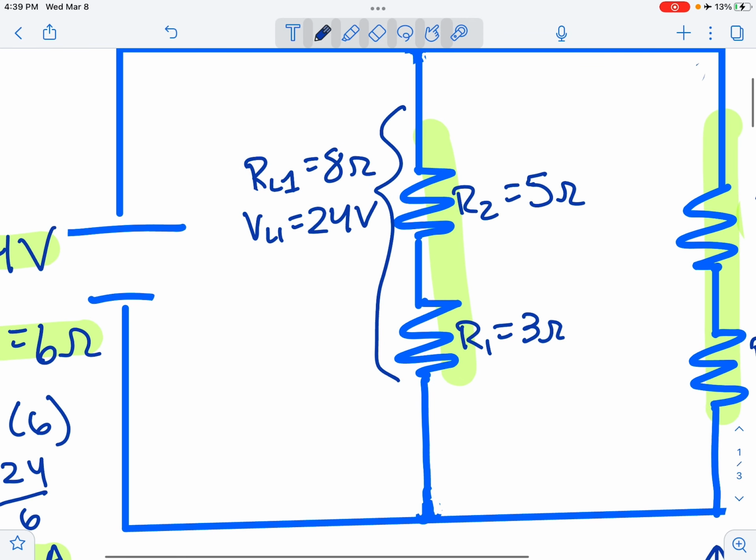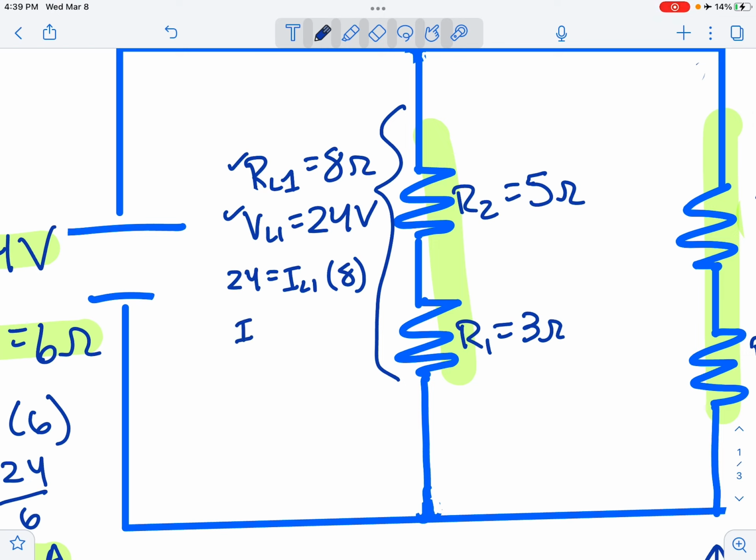So here we have an R and a V, we can solve for an I. The voltage of leg 1, which is 24, is equal to the current of leg 1 times the resistance of leg 1, which is 8. To get the current, the I by itself, we divide both sides by 8. And when we do that, the current of leg 1 is equal to 24 over 8, which is 3. So the current of leg 1 is equal to 3 amps.